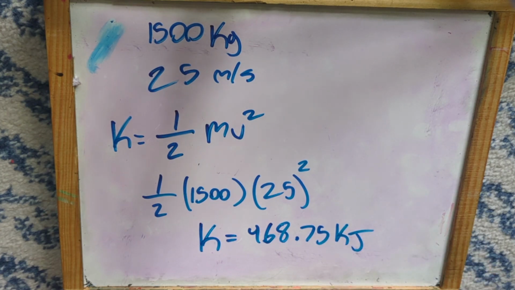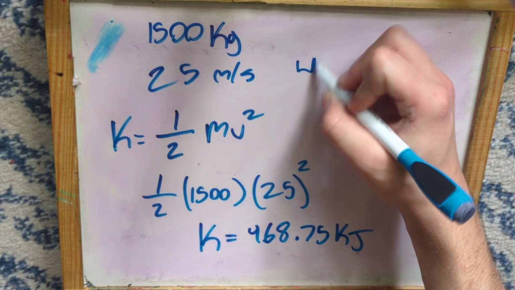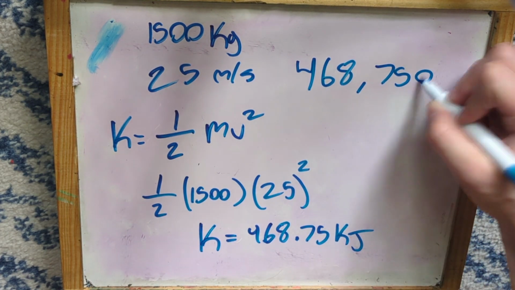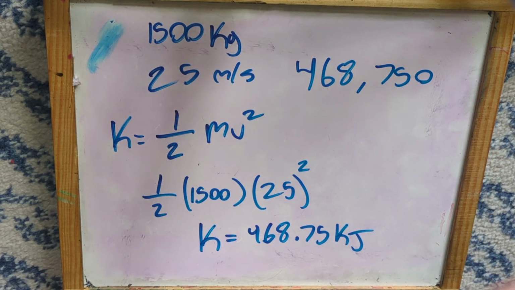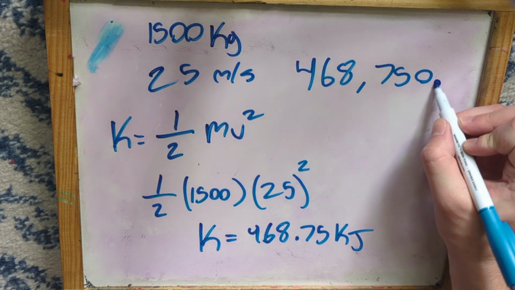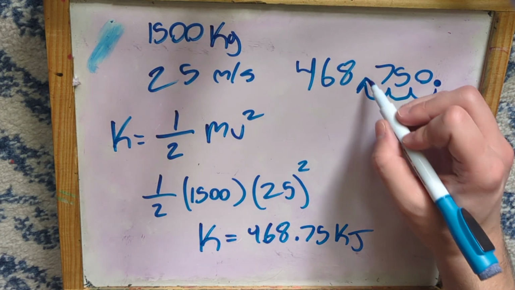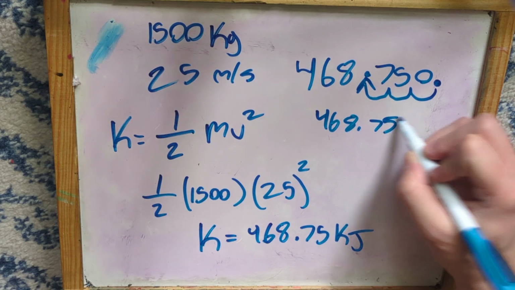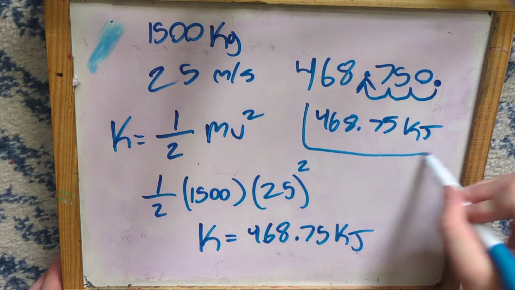If we were to put it in joule form, kilo obviously means 1,000, so we just move the decimal over 3 places to make it kilojoules. 468.75 is our kilojoule value. All right, and that's the answer I would put for that.